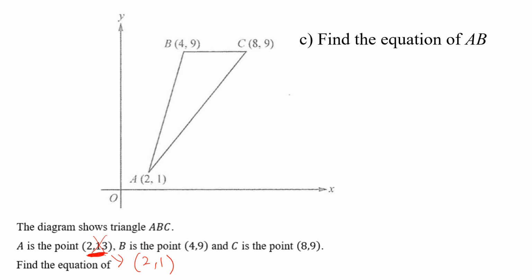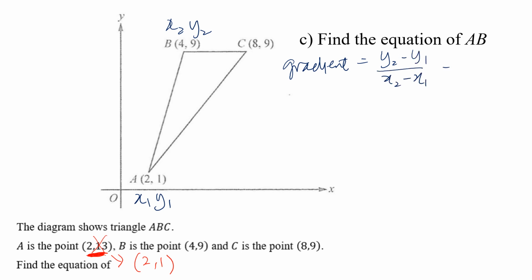Okay, so find the equation of AB. From what we have done earlier on, you should know how to do it already. Label the points A as x1, y1 and B as x2, y2. We find AB. Gradient: 9 minus 1 over 4 minus 2.